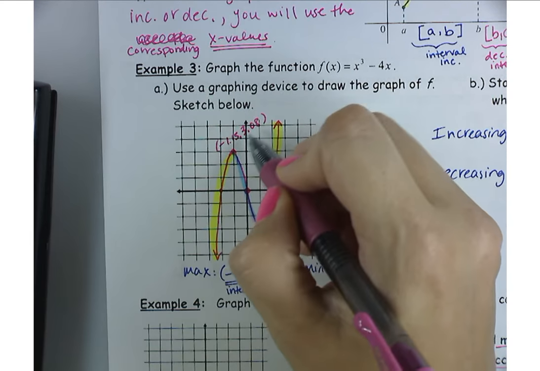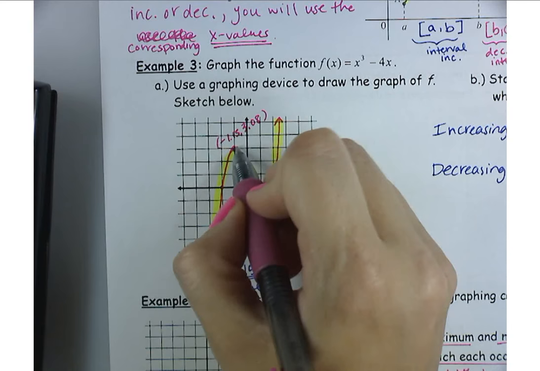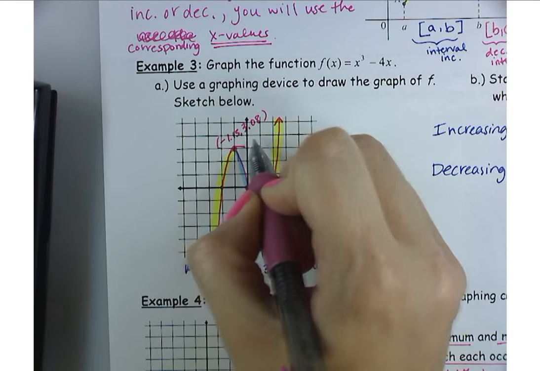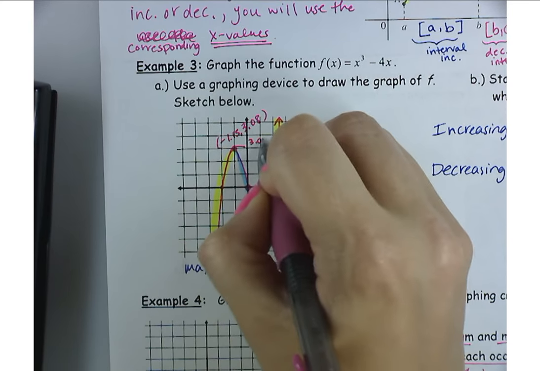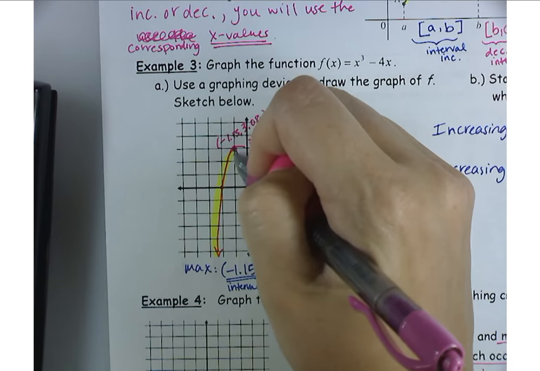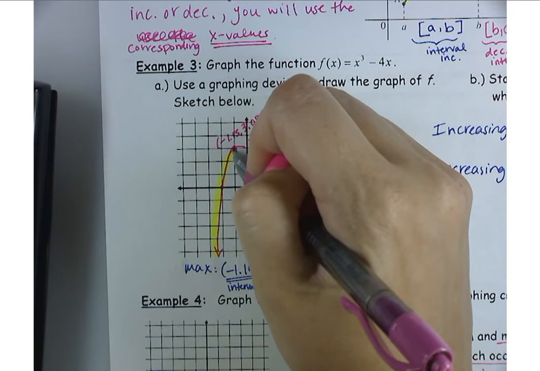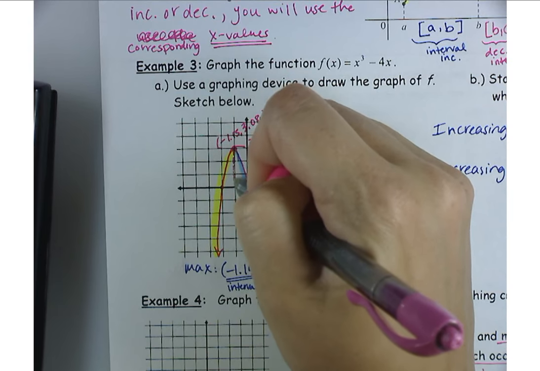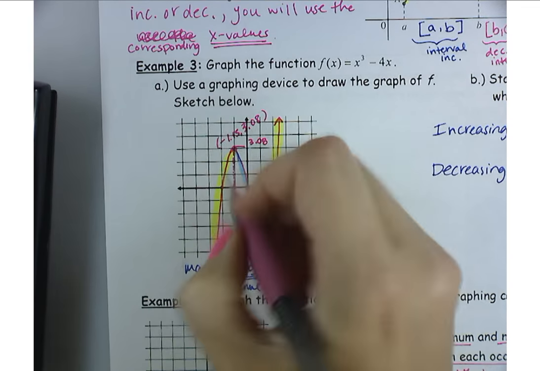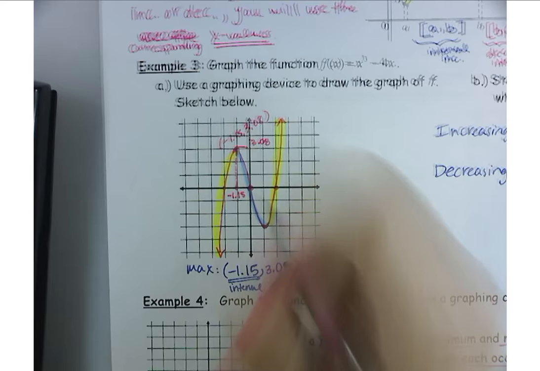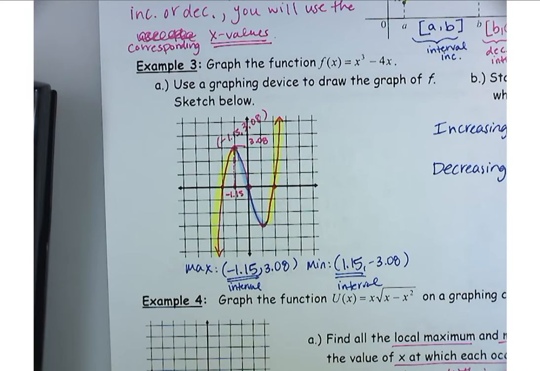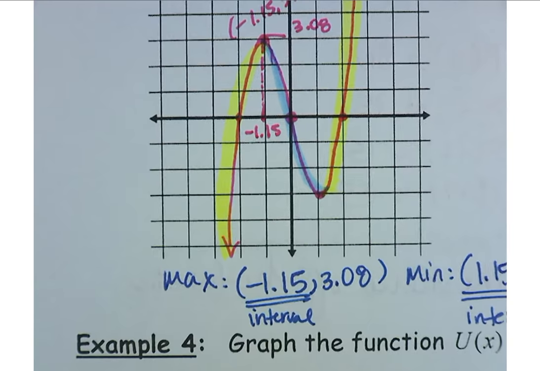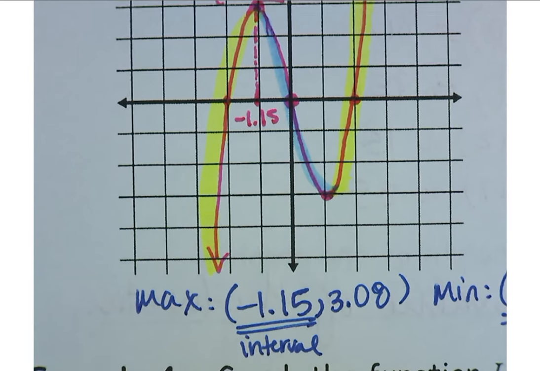So your maximum value here is 3.08, but that's going to correspond to the x value, which is down here, and your x value is negative 1.15, correct? Isn't that where the negative 1.15 is?